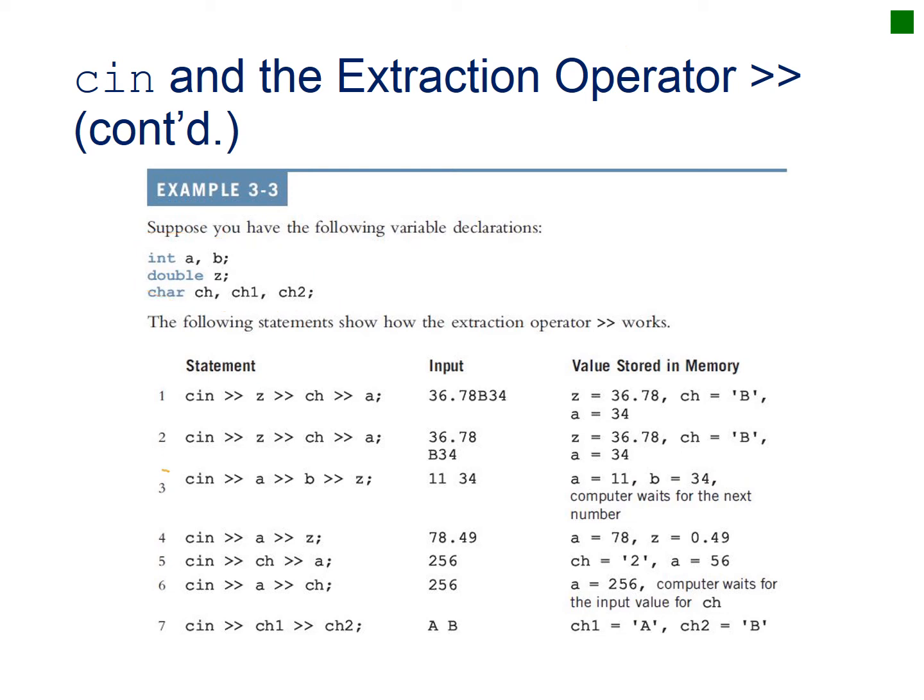Line 3: the value 11 is stored in the variable A. The value 34 is stored in the variable B. And since there are only two inputs, the computer waits for the next number, which then would be stored in the variable Z.